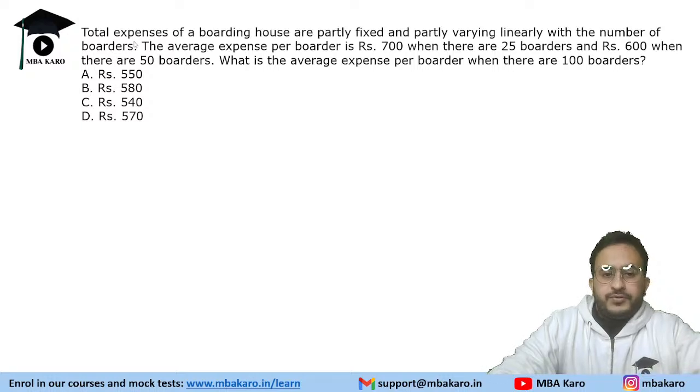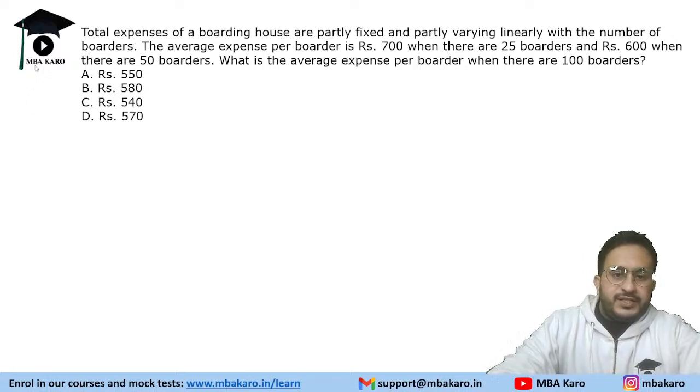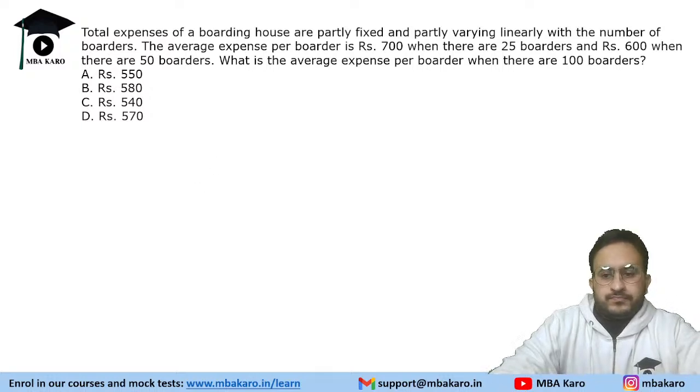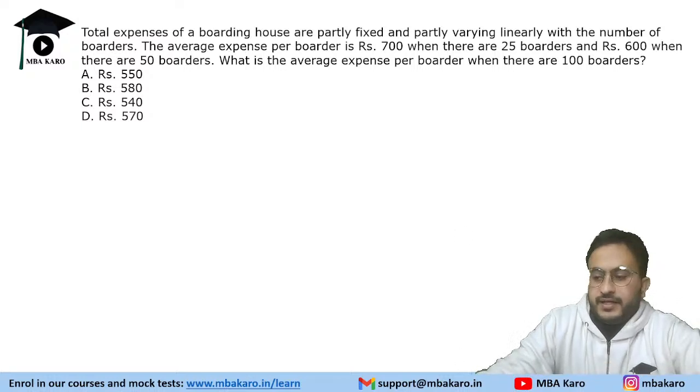So the boarding house where the expenses are proportional to, like there are two things, one is fixed cost and there is a variable cost. We need to find the average cost when there are 100 people living there.